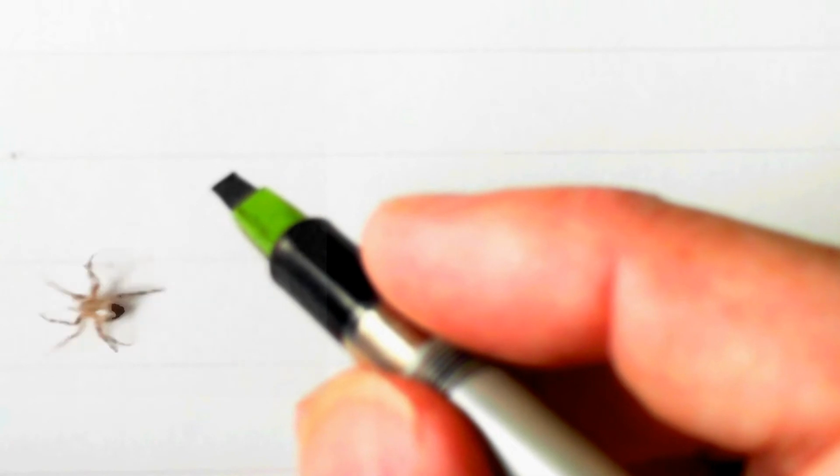So, for instance, in the italic hand, the I tilts slightly over to the right, and the O is elliptical. In foundational hand, the I is vertical and the O is circular.